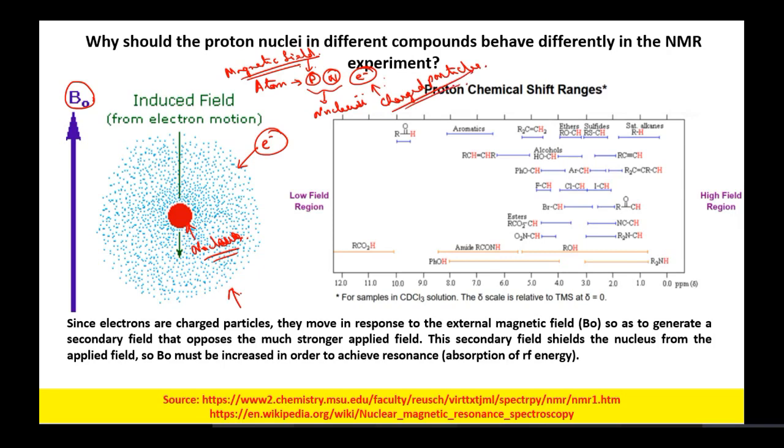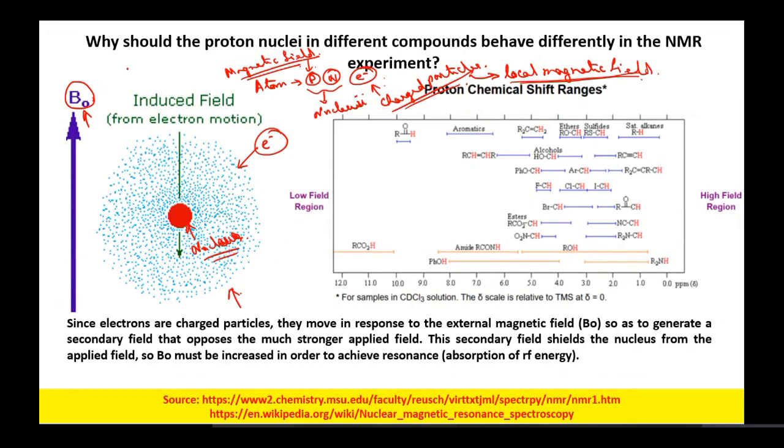Since they are also charged particles, they will also start moving, and while moving, these electrons will also create a local magnetic field. This magnetic field would oppose the applied magnetic field.